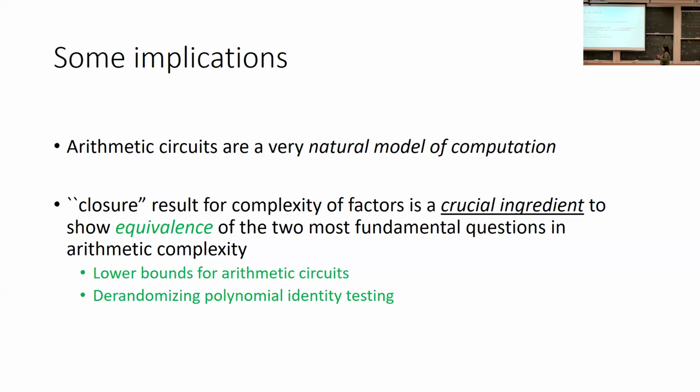And it's also known that proving this closure result, which shows that if a polynomial is simple to compute by a circuit, then the factors are simple to compute as circuits, is the crucial ingredient, or the glue, to show that these two fundamental big open questions of arithmetic complexity are essentially equivalent: proving lower bounds for arithmetic circuits and de-randomizing polynomial identity testing. You can show that one implies the other using Kaltofen's result.